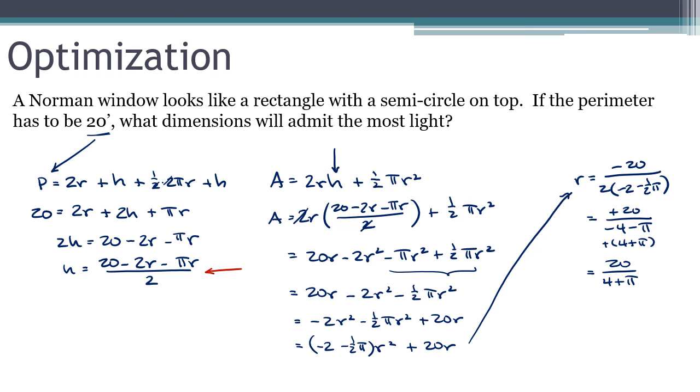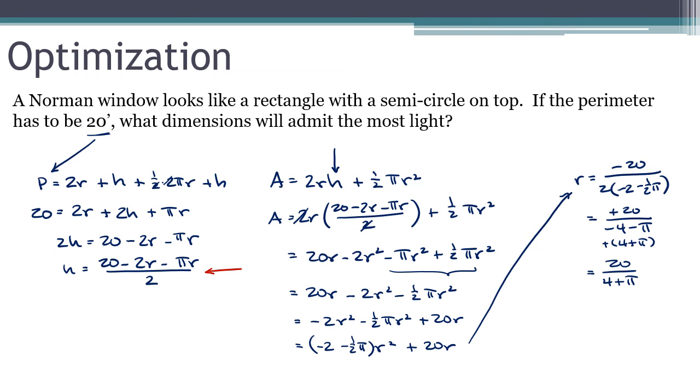What I always tell my students is that one of two places where it's okay to go to a decimal is when you're doing a practical problem. Because if you're working at a factory, you absolutely do not want to go to the shop foreman and tell him that the radius that's going to maximize the size of his window is 20 over 4 plus pi. That is not going to be a happy conversation for you.